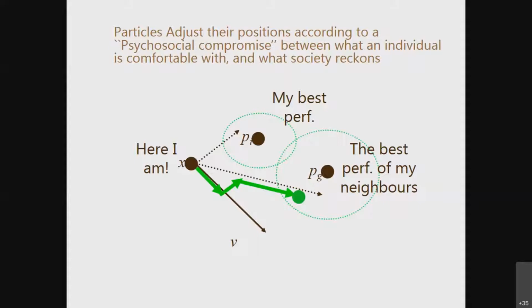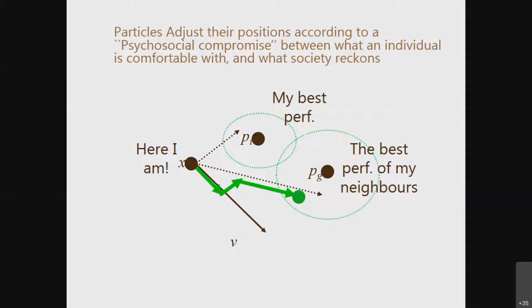Plus, also remember, there is this P of G, which means the global best. And then there is this initial position X. So you have to move yourself towards the global best. That means once again, you have to traverse some distance. How do you calculate that distance?